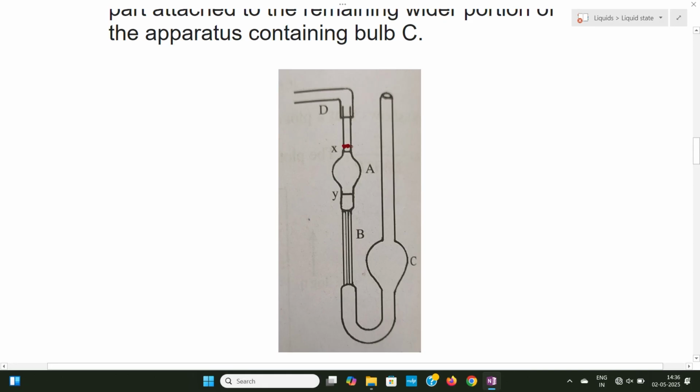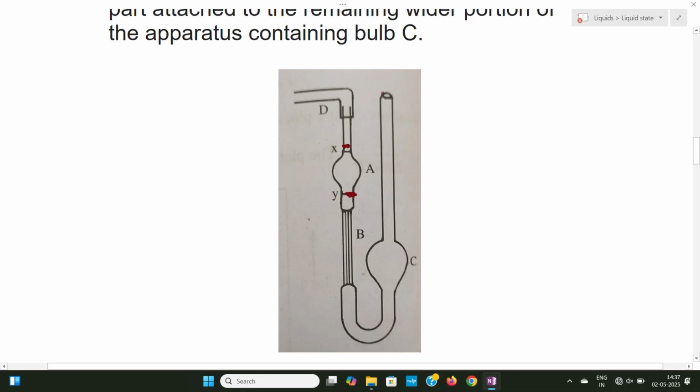Then we allow the water to fall out till Y, and we note the time of flow of the water, that is T2.